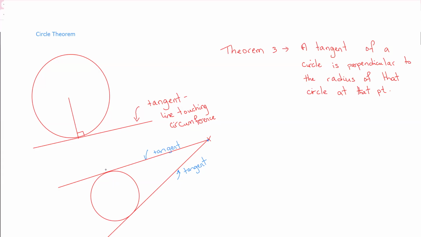The distance from here to the point is going to be the same as the distance from here to the point. So that means this length will be the same as this length. So we can work on that theorem. We can call it Theorem 4.